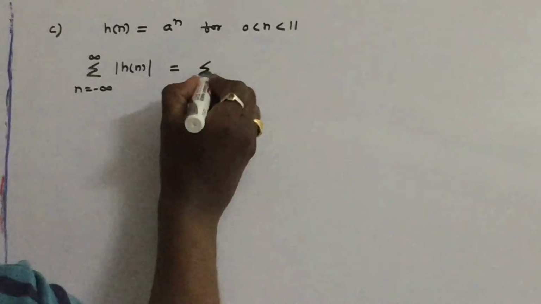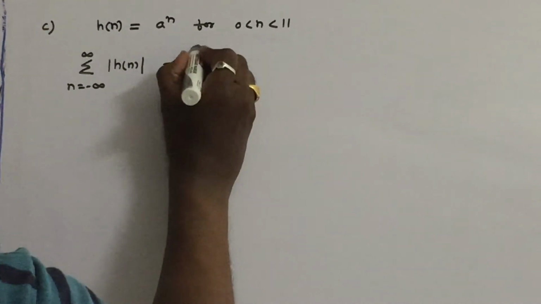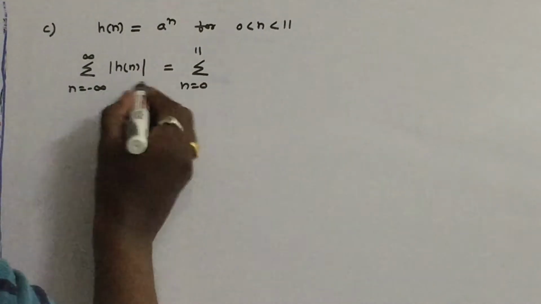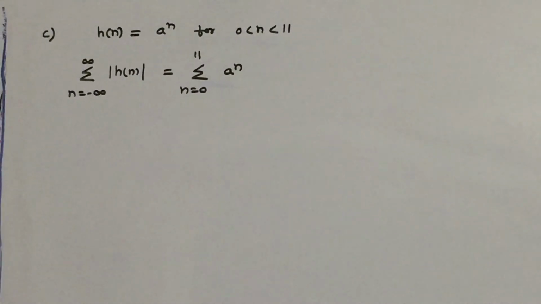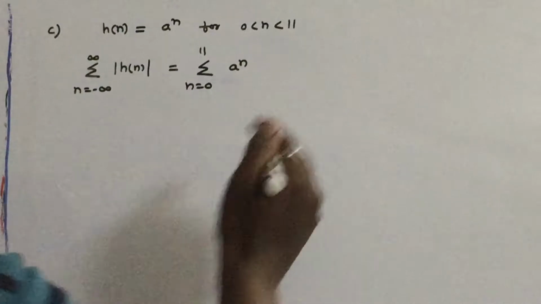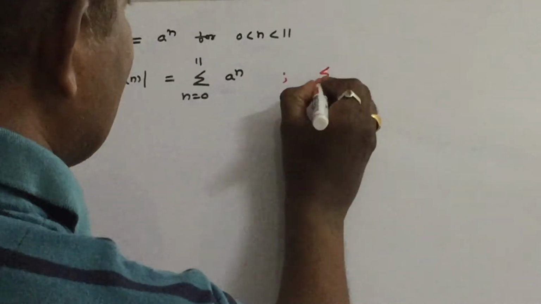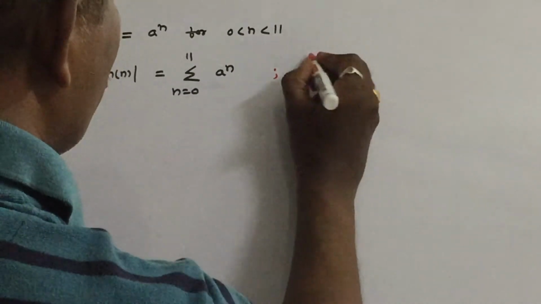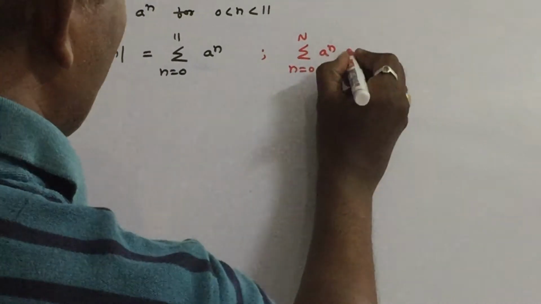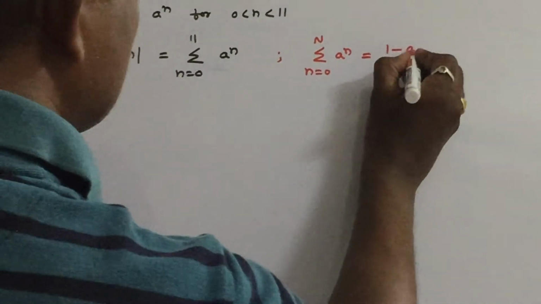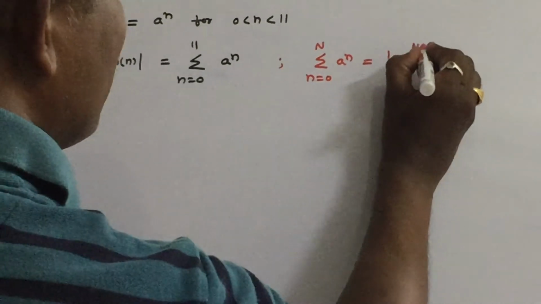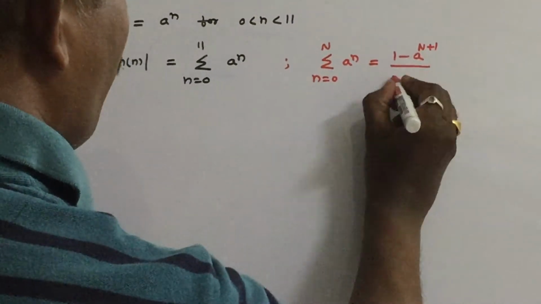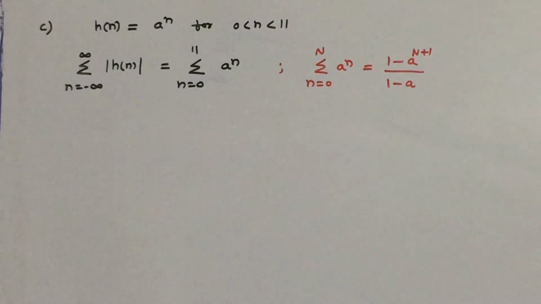Since h of n is available in the range 0 to 11, substitute the limits 0 to 11. In this interval, h of n is a power n. So use this identity. In the first unit I gave one identity, summation n is equal to 0 to N of a power n is 1 minus a power N plus 1 by 1 minus a, since N plus 1 samples are there.